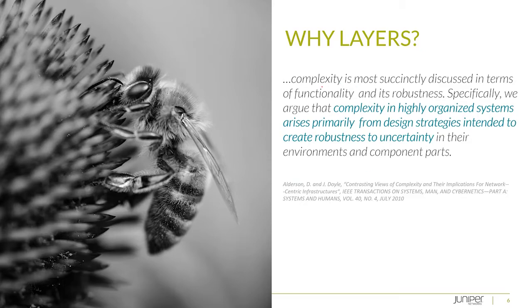And what you'll find is they say that complexity is most succinctly discussed in terms of functionality and its robustness. So complexity in highly organized systems tends to arise primarily from design strategies designed to create robustness to uncertainty. All that quote means is we tend to build very complex systems in modules.